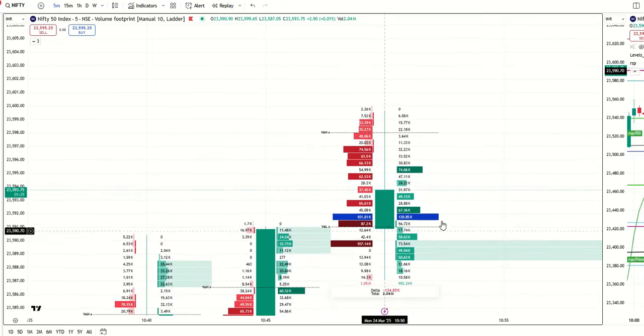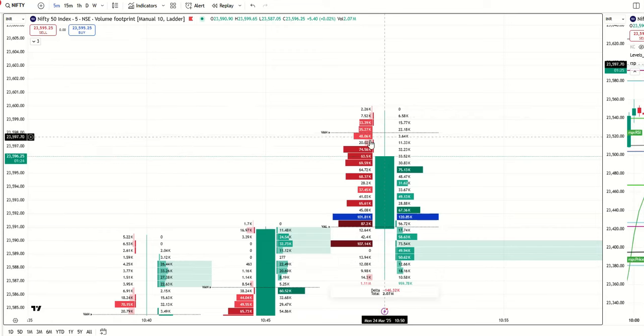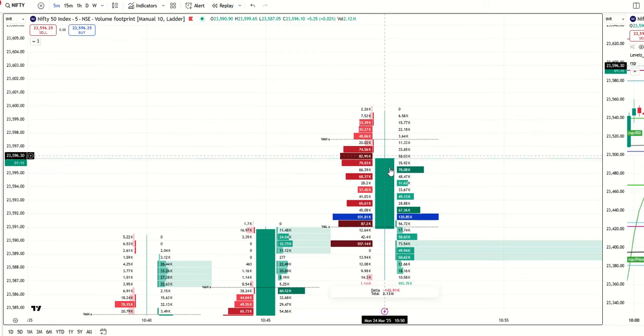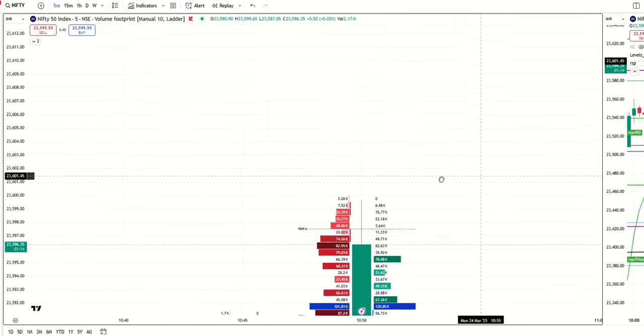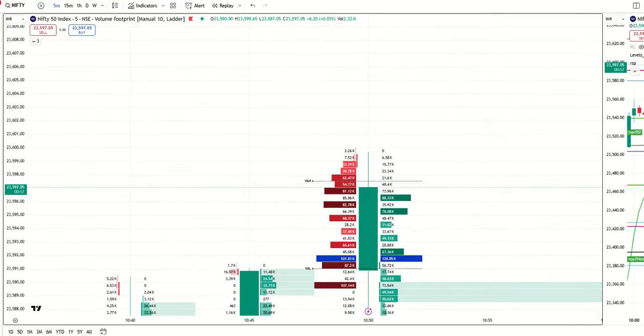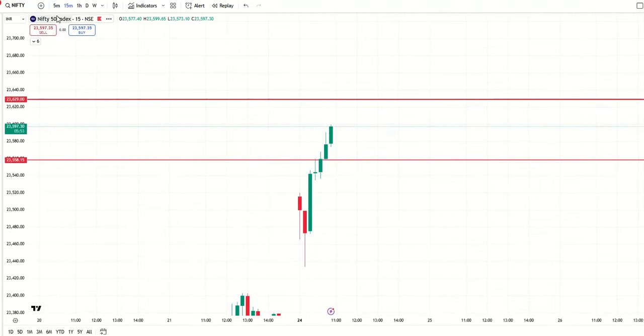What you need to see is the kind of support here and here. And these are only 70, 60, because 23,600 is a round number. Some selling happens, but the buyers should take this out and take it to 630. Keep an eye here. We are actually in the 15 minutes.